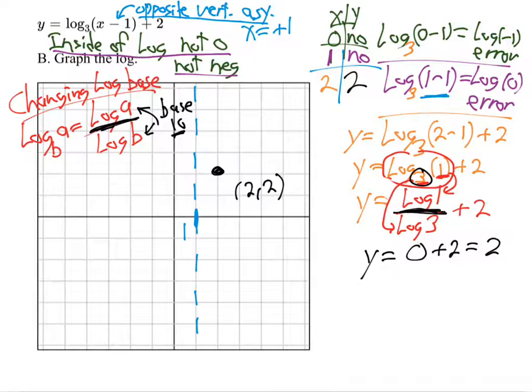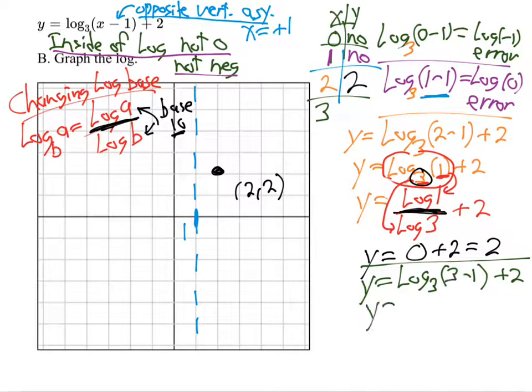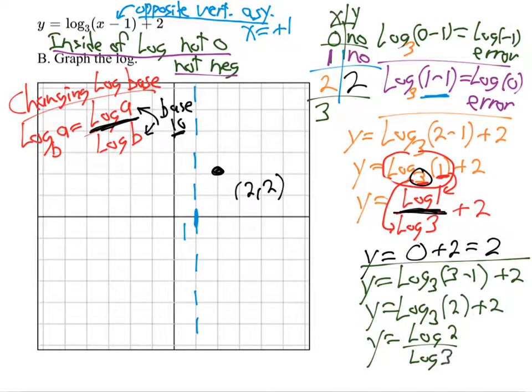Now what should we plug in for our next point? Should we just go up by 1 to like 3? No, that's not going to work, but let me show you why. y equals log base 3 of x minus 1, plus 2. So if you plug in that 3 right here, you'll get log base 3 of 2, plus 2. And remember, again, that's a weird log. We let the higher part go higher and the base, the lower part, go to the bottom.